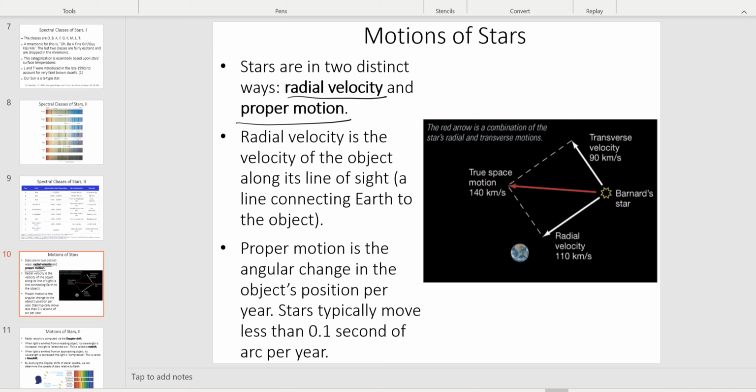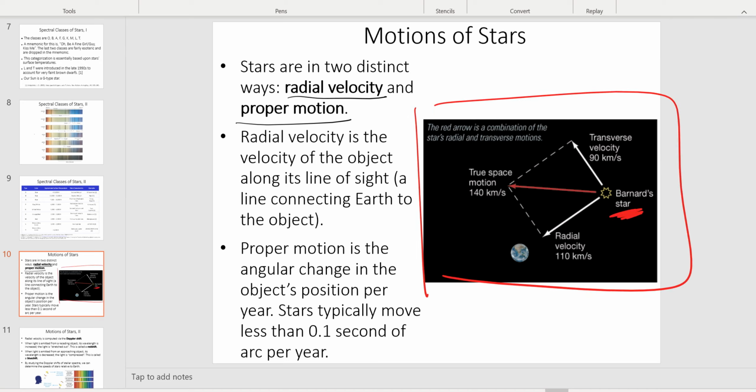Let's look at this diagram here. The book has given the example of Barnard's star, which is just one star in the universe, but this applies to any star. Stars can be moving toward us or away from us. This is known as the radial velocity. So this is the speed at which they're going away from us or toward us.